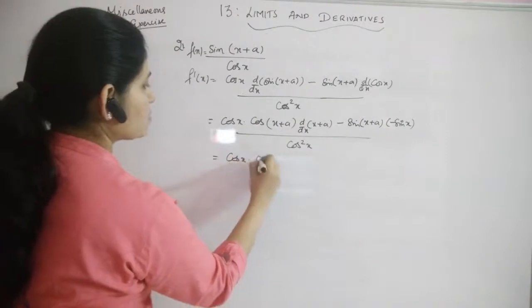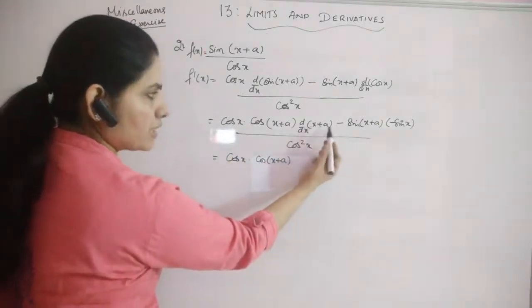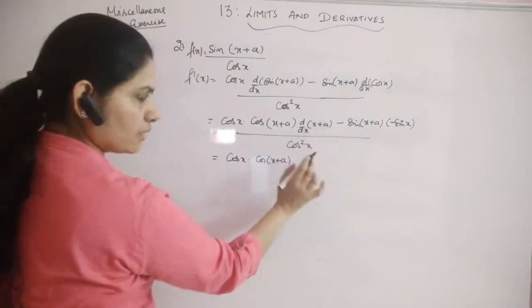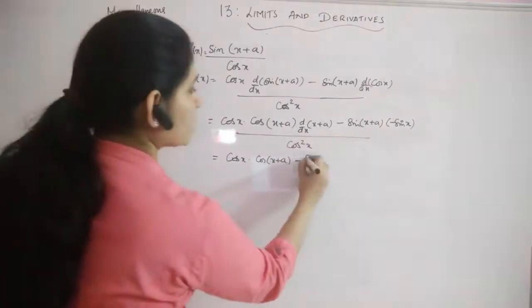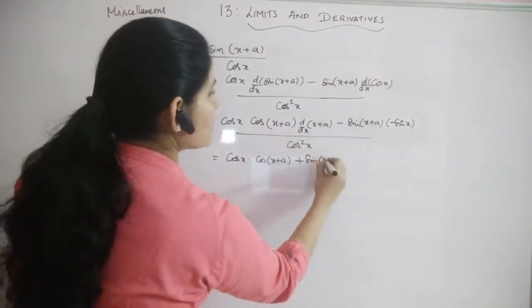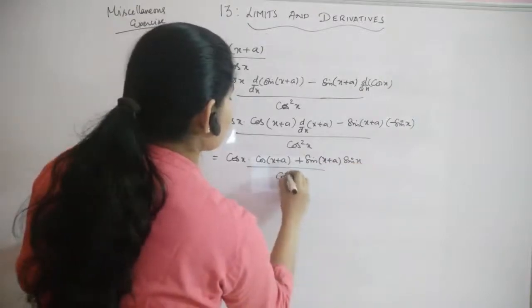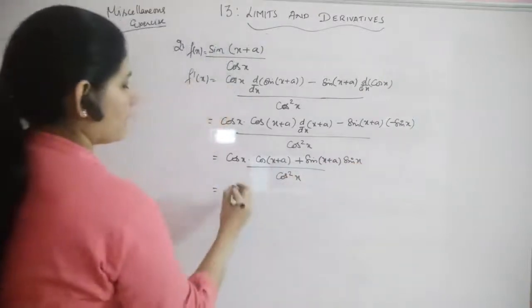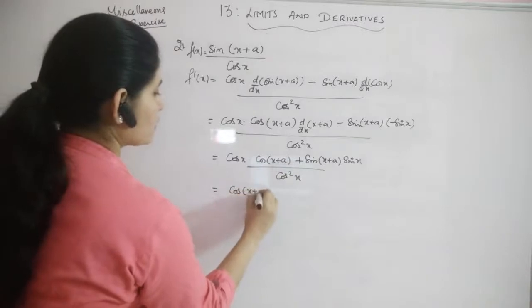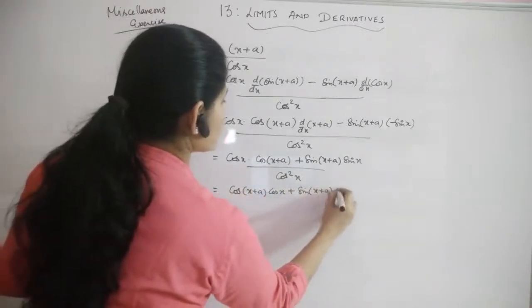So cos x into cos of (x plus a), again what will this give you? The derivative of x is 1, the derivative of a is 0. So you will get only 1 here. Okay, no other term. Minus sine, minus into minus will become plus, sine of (x plus a) into sine x, divided by cos square x. Now I am just writing it like cos of (x plus a) into cos x plus sine of (x plus a) into sine x.